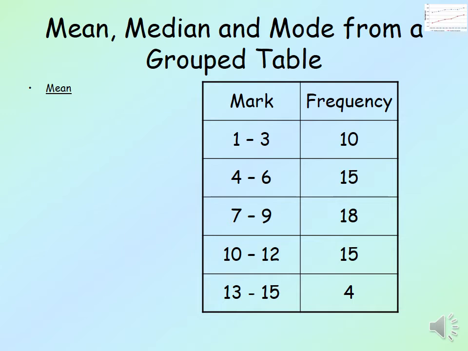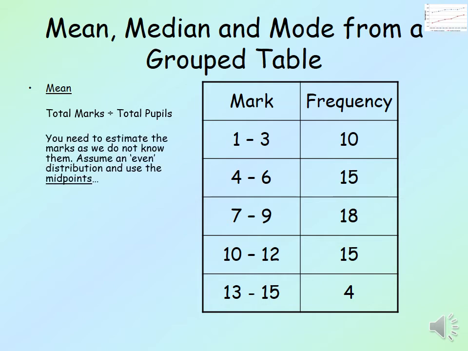Okay, moving on to the mean. So remember the formula: total marks divided by total pupils, but in this instance, of course, because we don't know what mark they got, we need to estimate the mark.